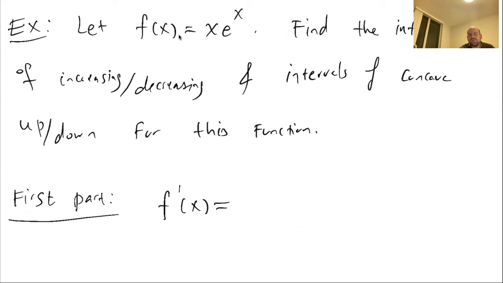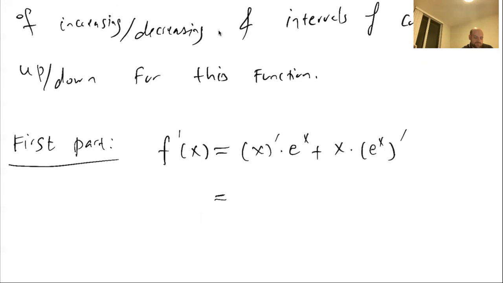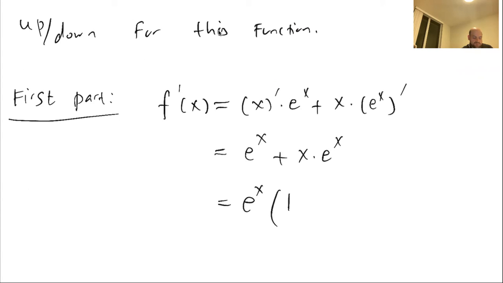So to find the derivative of this function, I need the product rule. Product rule: the derivative of uv is u prime v plus uv prime. So x derivative times e to the x plus x times e to the x derivative. Derivative of x is 1, so e to the x plus x e to the x. And I can take e to the x out as a common factor, and 1 plus x will be left.